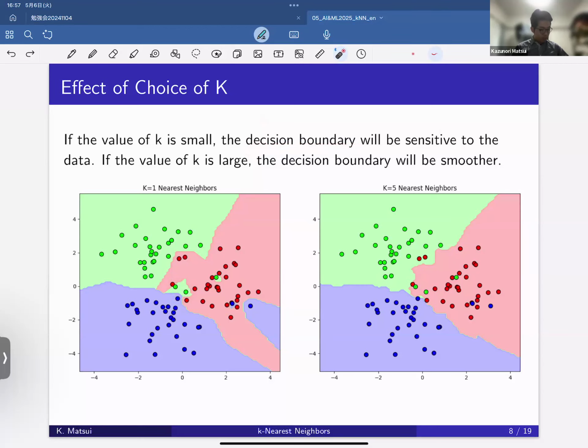Similarly, if there are solitary blue data points, the area around it will be classified as blue. Conversely, as k gets larger, the decision boundary becomes smoother. Even if there are isolated data points, taking the average of the surrounding area increases the influence of other data, thus suppressing local variation.